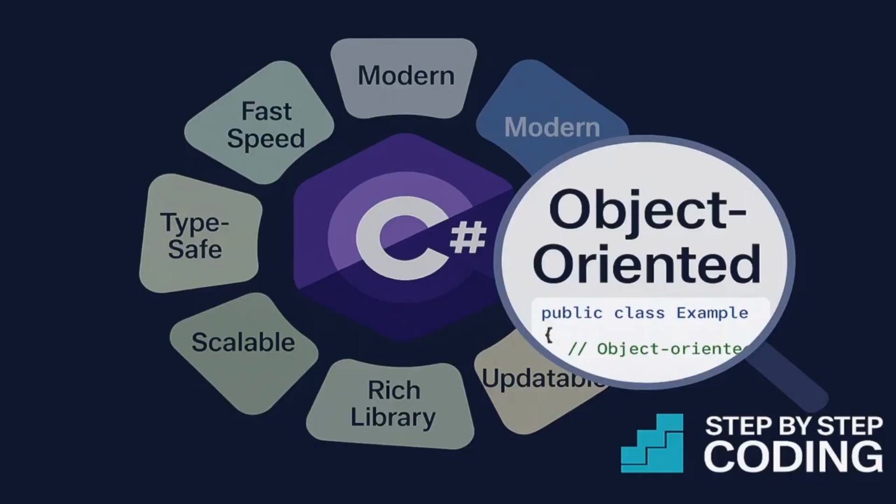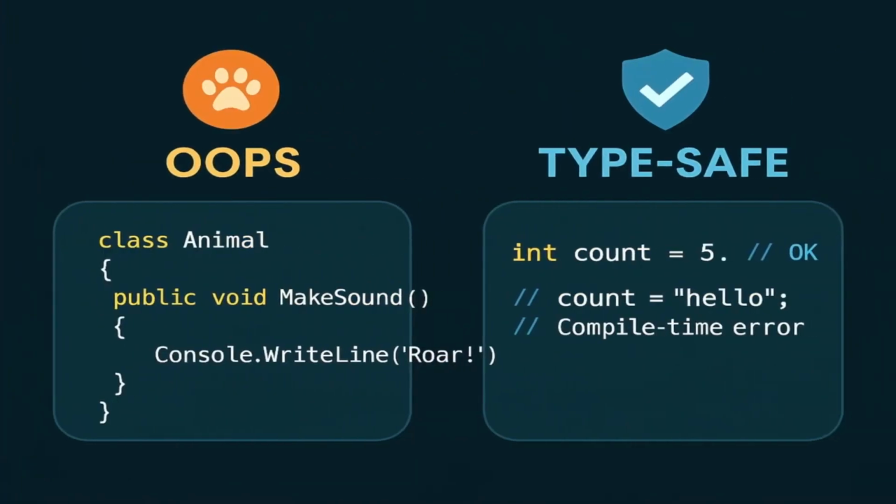Now coming back to another thing, which is type safety. C Sharp is a type safe language. What it actually means is that it is strongly typed. Every variable and object must have a defined type. The compiler strictly checks for type compatibility when you write the code, and it gives an error.